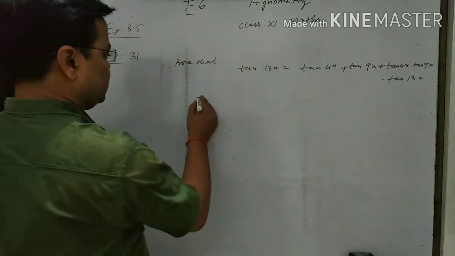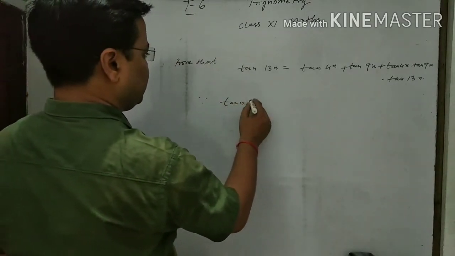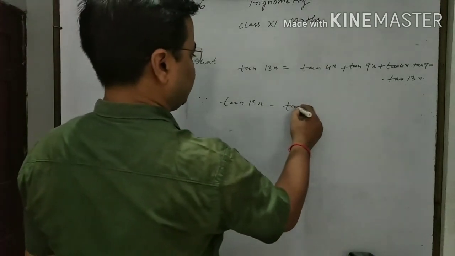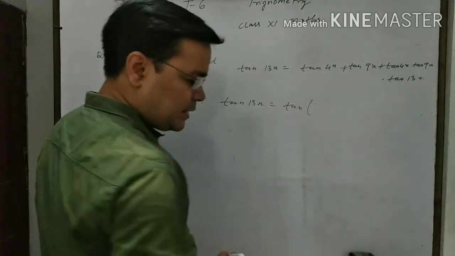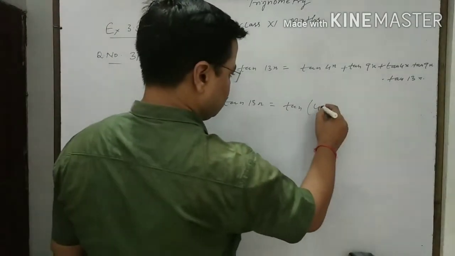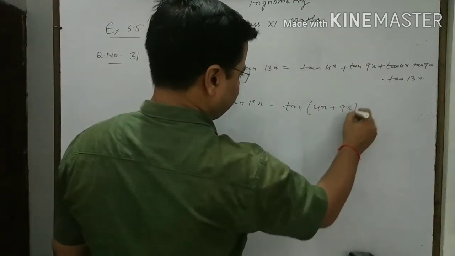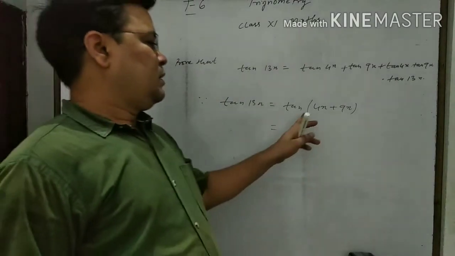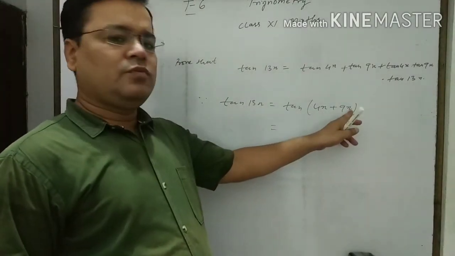Here, tan 13x can be written as tan of 9x plus 4x or 4x plus 9x. Now, we know this formula. Tan of x plus y is what?